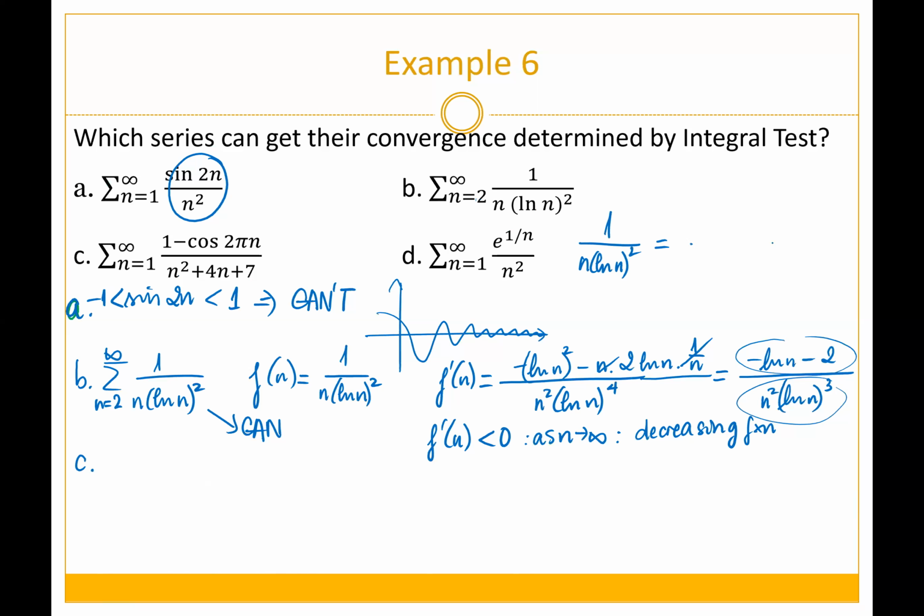You square the denominator, so that's ln of n squared, and then you have f prime g minus g prime f. F here is 1, so this part initially is going to be 0. So basically you just find the negative of g prime.